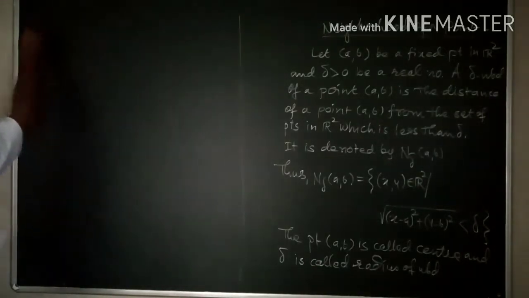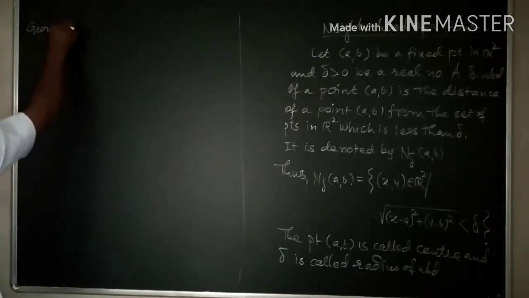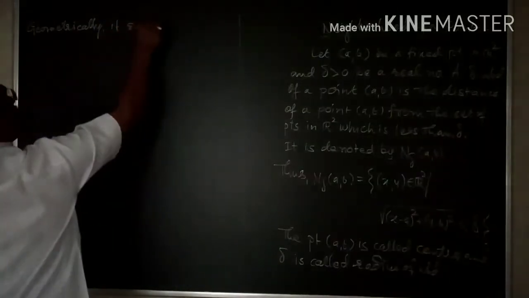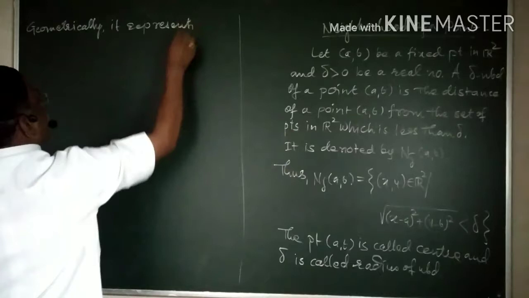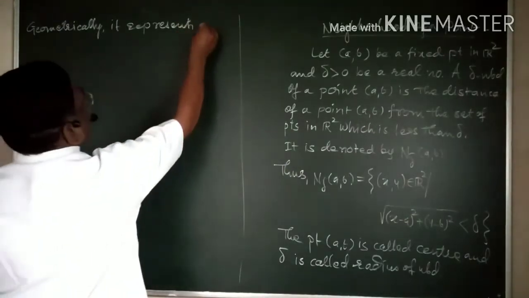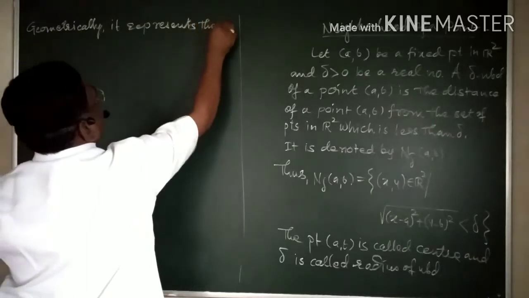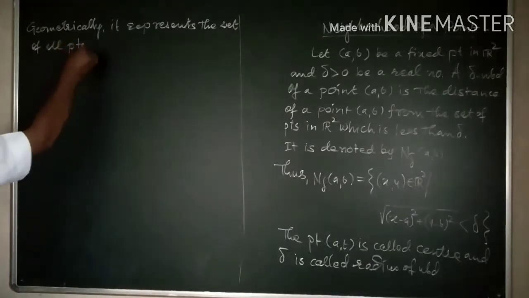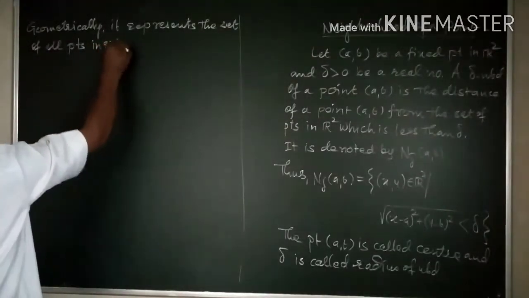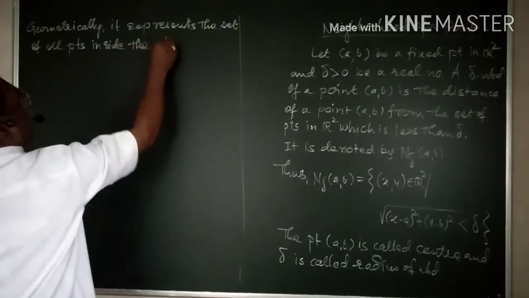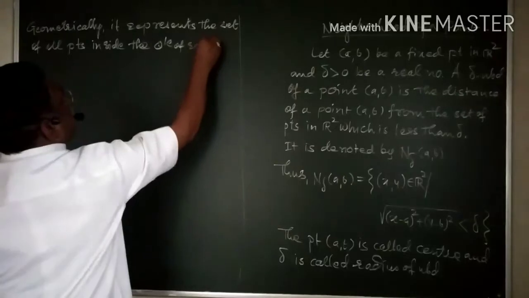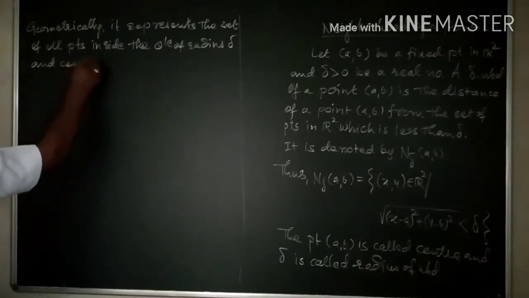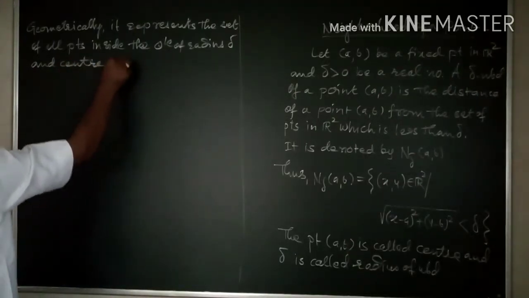Well, geometrically, it represents the set of all points inside the circle of radius delta and center (a, b).